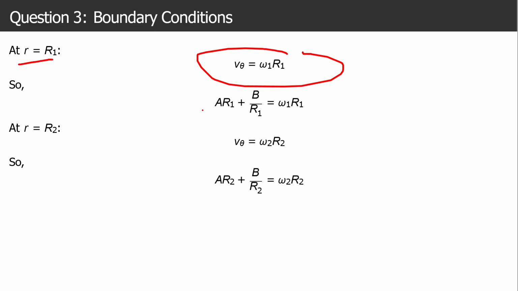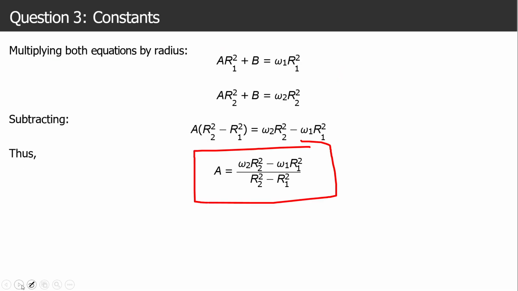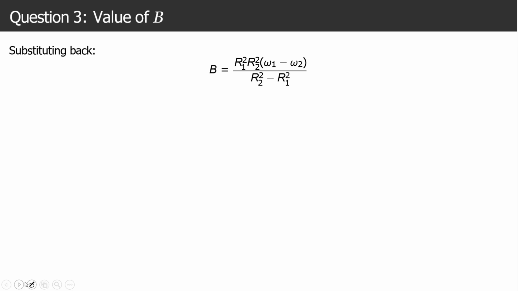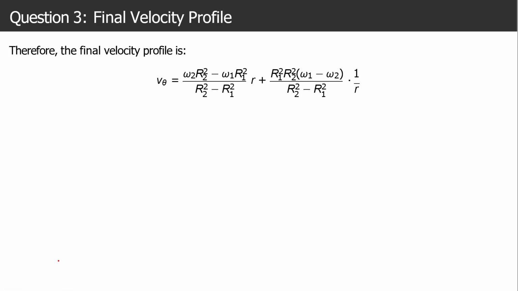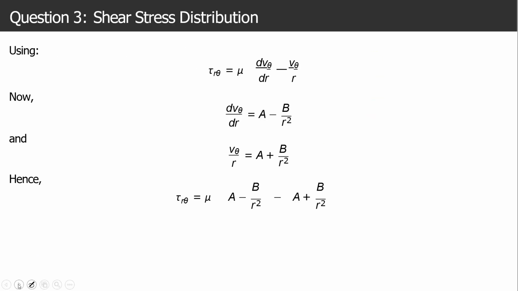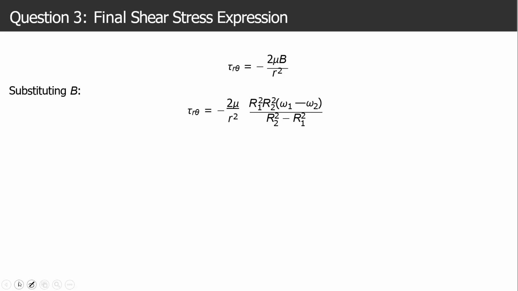Multiply this by r1, multiply this by r2, and we get this equation. Divide this term and we get a. Put a in any of the equations, we get b. Put a and b both, and we get the velocity profile. That was our objective, to find the velocity profile.